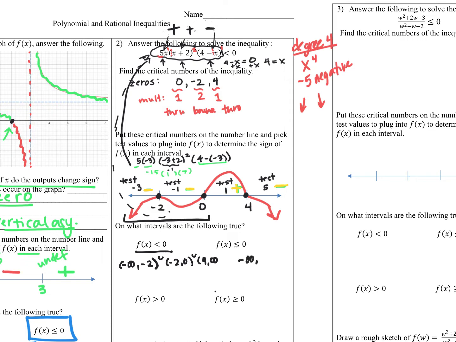We don't have to split it at that negative 2 because it's included there. So we're going to have negative infinity all the way to 0, including the 0, and then 4 to infinity again, including that 4. Now we're greater than 0 only on the little interval between 0 and 4, and greater than or equal to it, 0 to 4, including those endpoints. And then also don't forget that negative 2 number also. We are equal to 0.